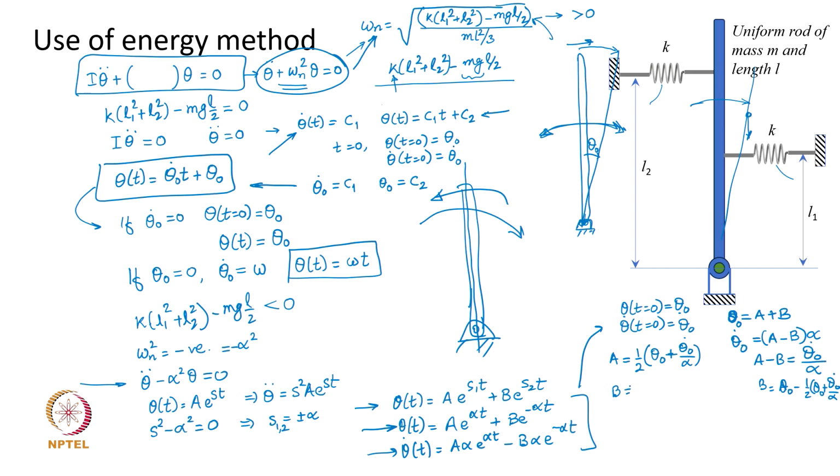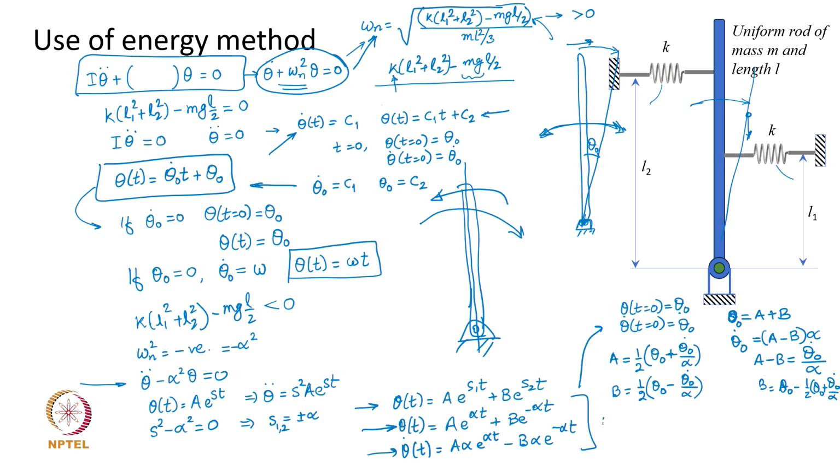So, that gives me b equal to half of theta naught minus theta naught dot by alpha. As expected, that is how a and b would look like.